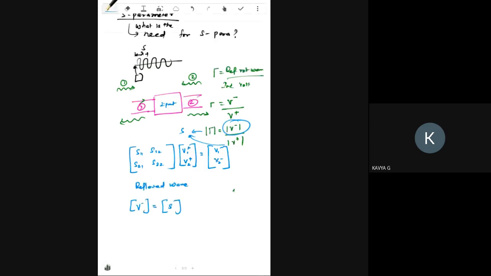It can be 2 cross 2, 3 cross 3, 4 cross 4 based on the ports, multiplied by V plus. This is the same as the reflection coefficient. So for any port, the reflected wave equals the incident wave based on the S parameter value of the device. The S parameter is a blueprint for high frequency microwave devices and networks.